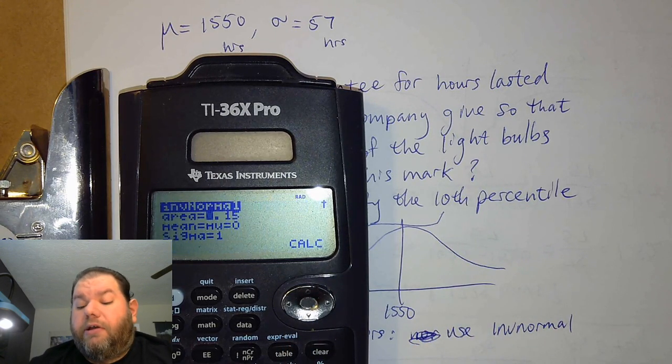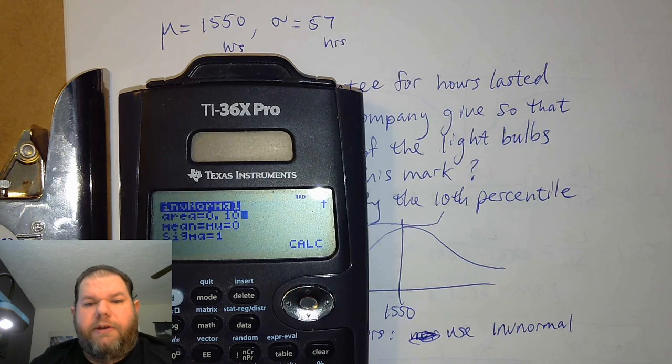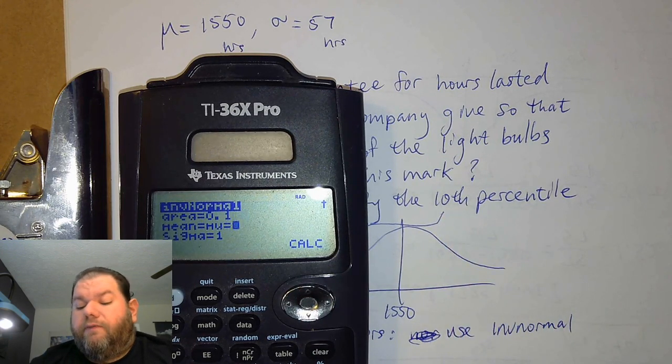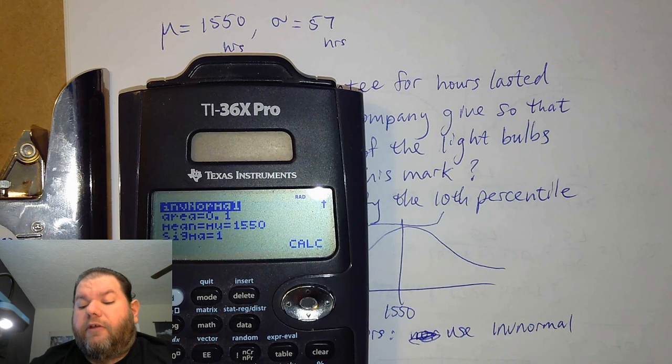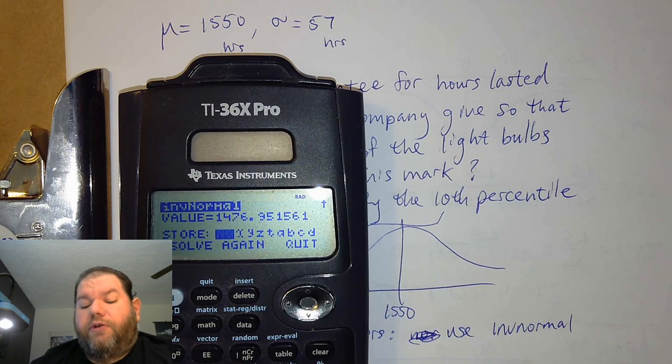Press enter. Okay, and it says the area, so we do 0.10, 10%, 10th percentile. For our mean, we'll do 1550. And for the sigma, standard deviation, that is 57. We calculate, and we get a value of 1476.95, so it's about 1477 hours.